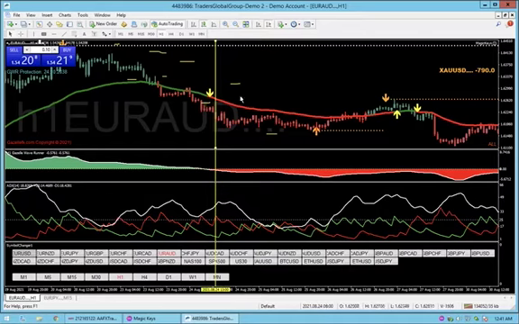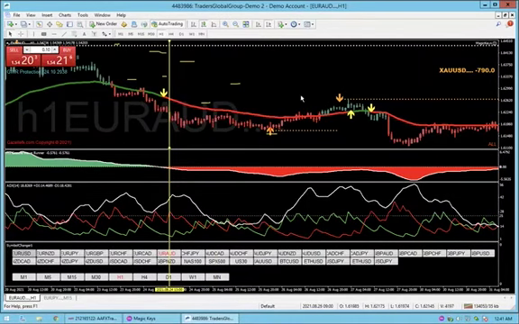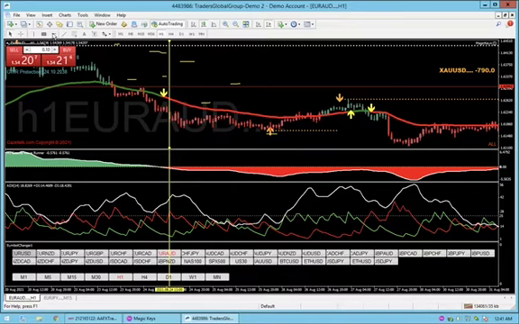But right here is where it never eclipsed this high. As you can see right here, this was a high, and this stayed true to the trend as a lower high.